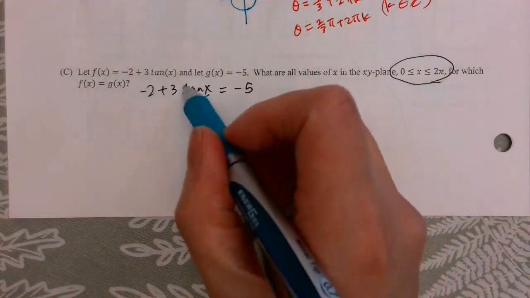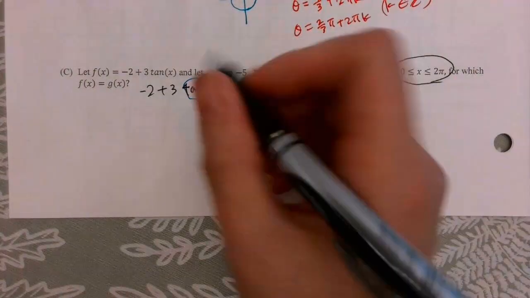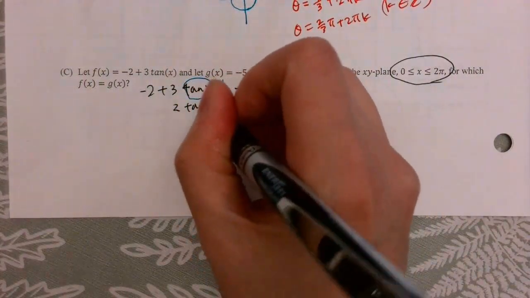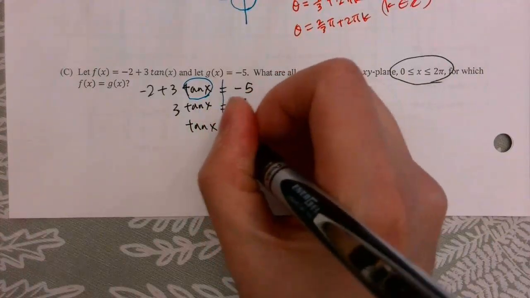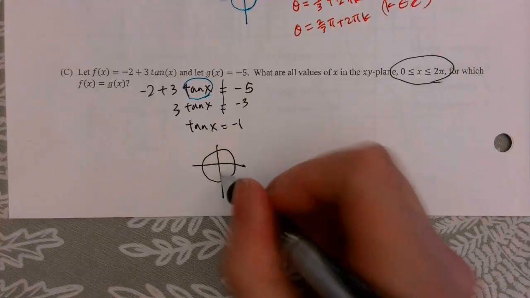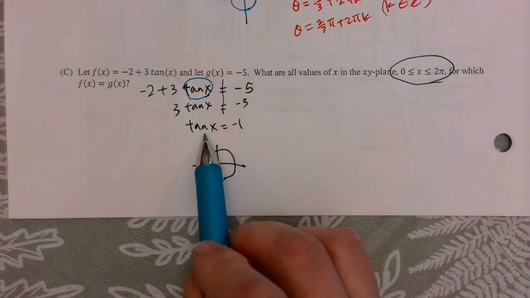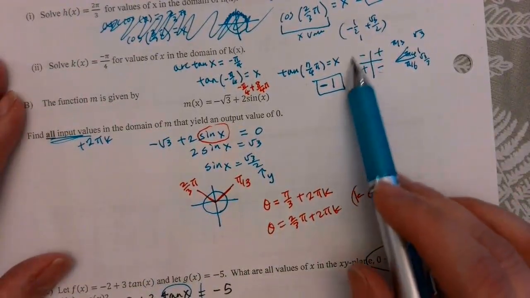I notice there's only one trig ratio, which is the tangent of x, so I want to have that by itself on the left side. I'm going to add 2 to both sides, divide by 3. So tangent of x is equal to negative 1. All right, where can my answer come from? The fact that tangent value is a negative. Let me go back over here quickly. Remember how we talked about the sign of the tangent?